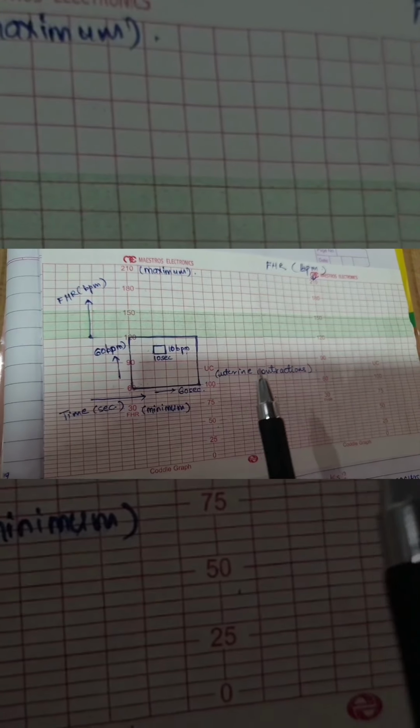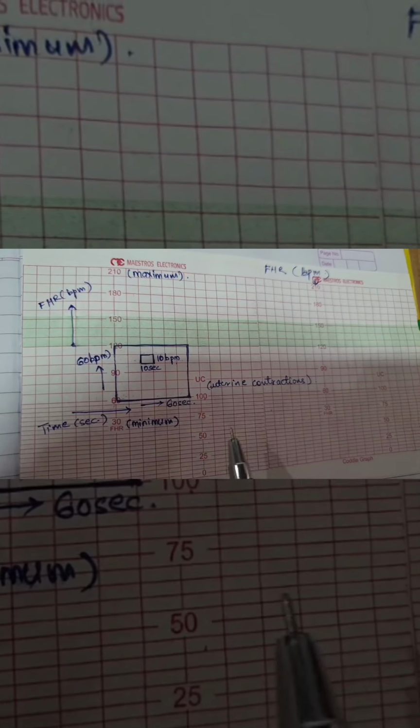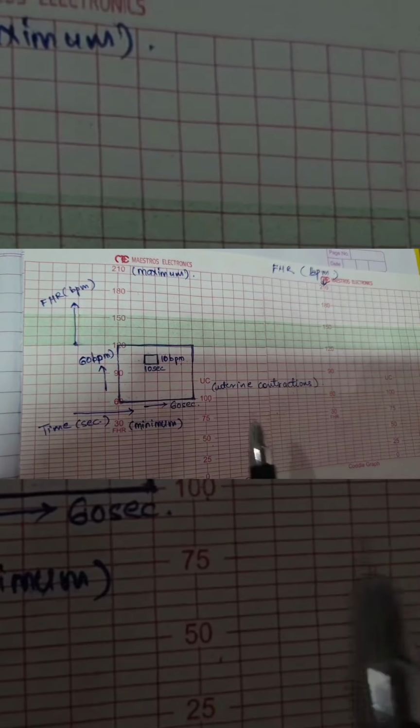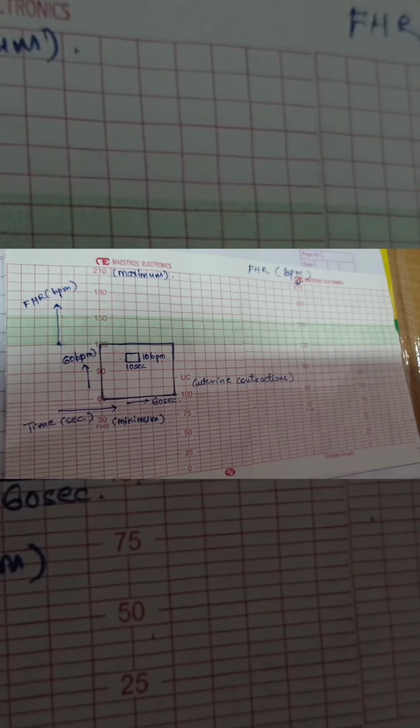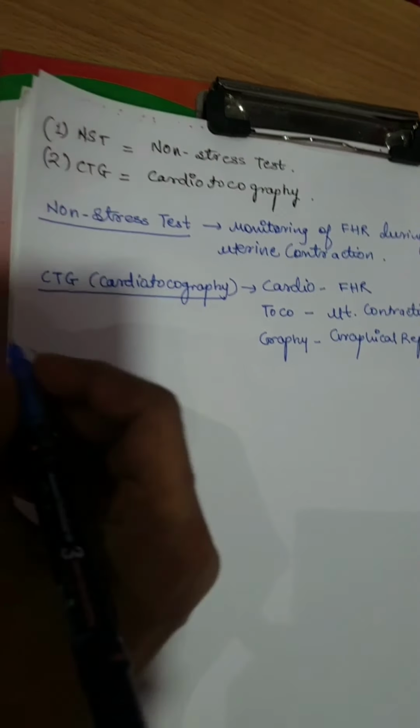So this is the graph which represents the heart rate in comparison to the uterine contractions measured in pressure, that is mm of Hg. And each small box is 10 seconds on the y-axis, and on the x-axis it is 10 beats per minute. We will see what are the components of the CTG.